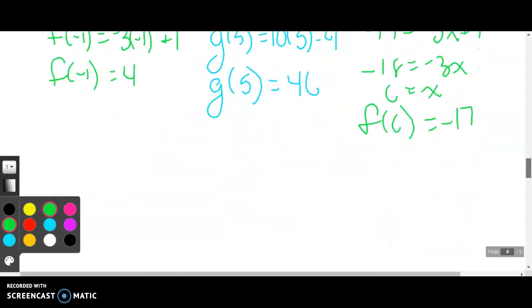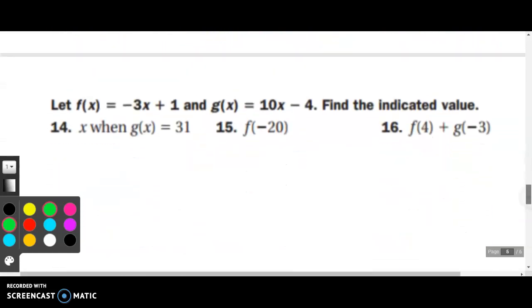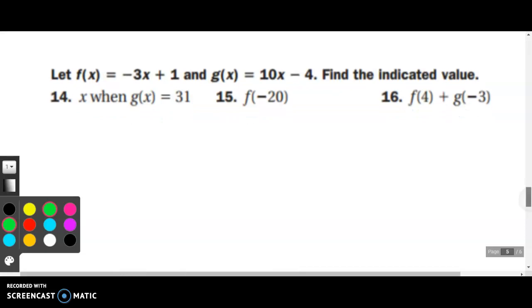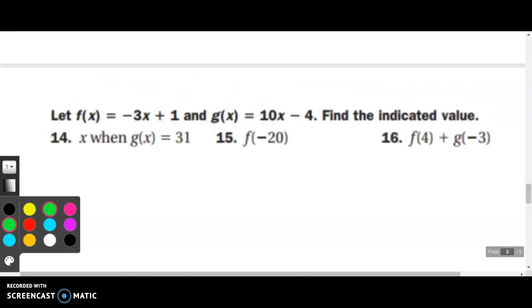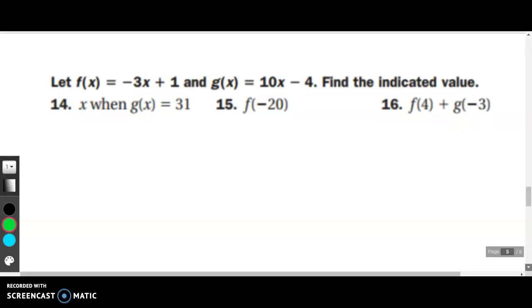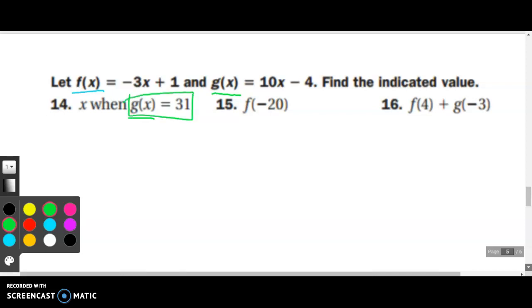Okay? All right, the last set here, again, we have f of x and g of x. We're talking about the same functions, just new problems. Now here, we're talking about the g of x. They want the whole g of x replaced with the number 31.